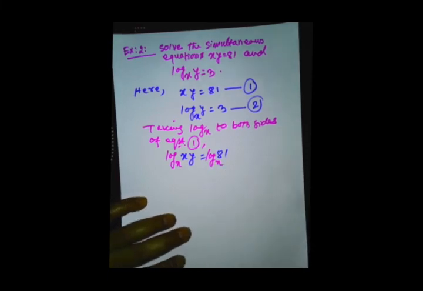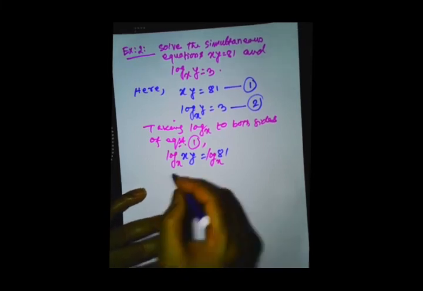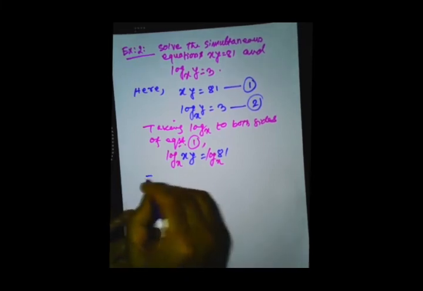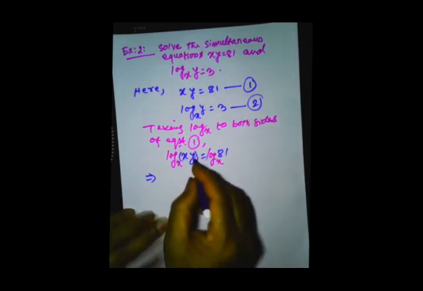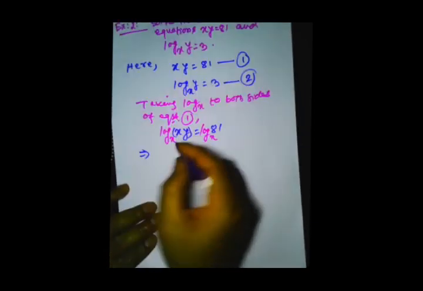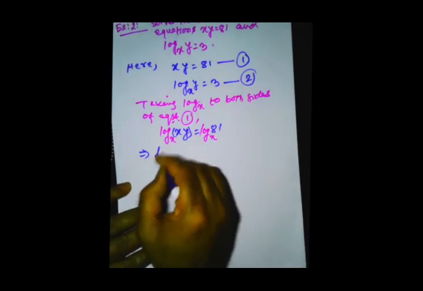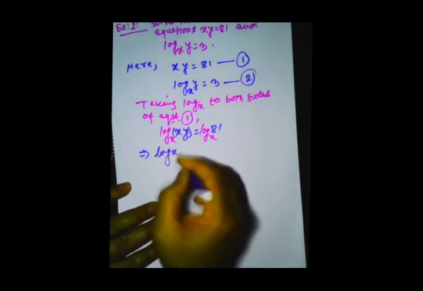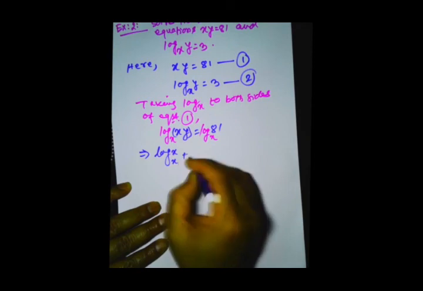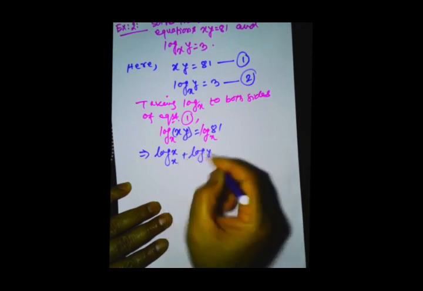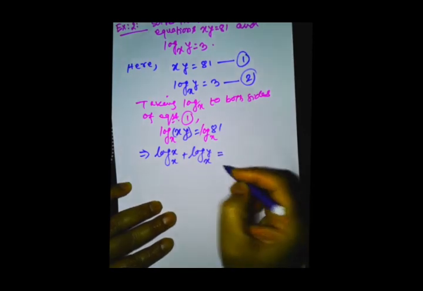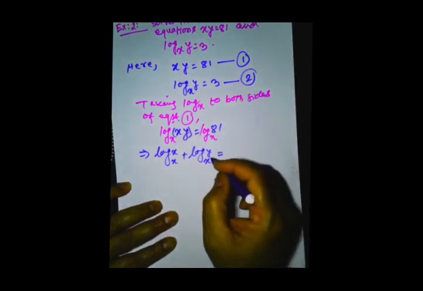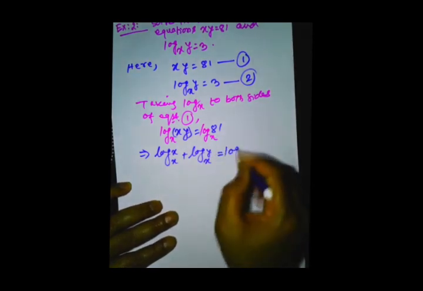When I apply this, if I go to the further step, here it is xy, that means it is x times y. Then if you apply the product rule for logarithm, it's going to be log x to base x plus log y to base x. And if you are interested, you can just leave it like this, or you can factorize 81.